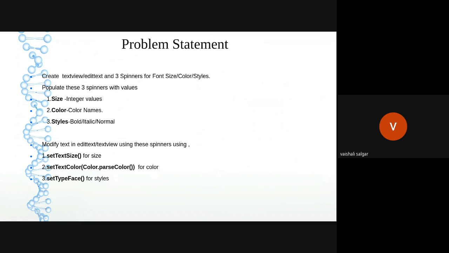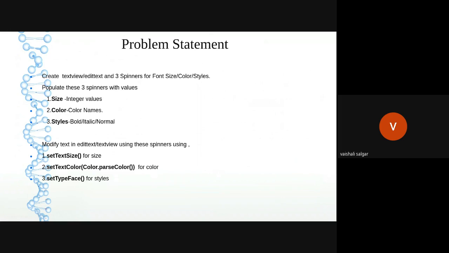For size, we will need one spinner which will have all the integer values, whereas the second spinner you can take for the color, where you can add the different color names, and the third spinner we require for specifying different styles, like whether we want to make our text bold, keep it normal, or italic.